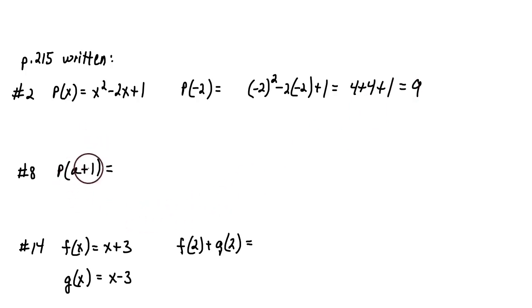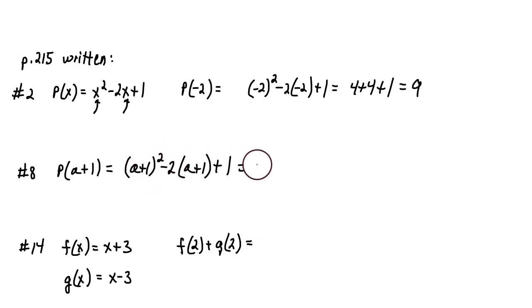Now use the same function rule and plug in a plus 1. So where the x is, put a plus 1 here and here. We get a plus 1 squared minus 2 times a plus 1 and then plus 1. Now let's expand this out and do some combining like terms. So a plus 1 squared makes a squared plus 2a plus 1.